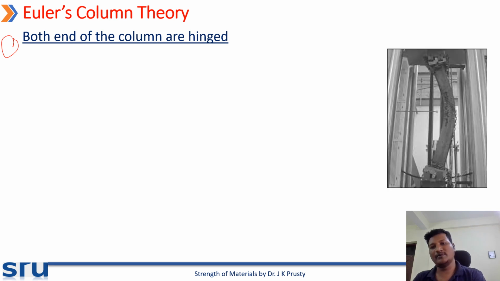You can see from this figure an experiment in a laboratory to analyze how the column buckles when both ends are hinged. You can see the deflection at the center of the column.